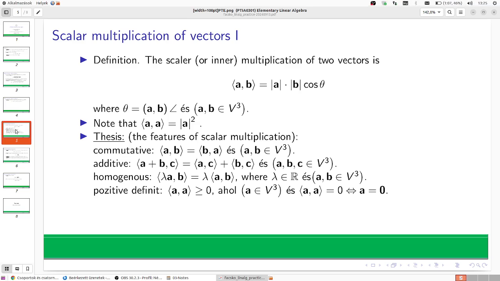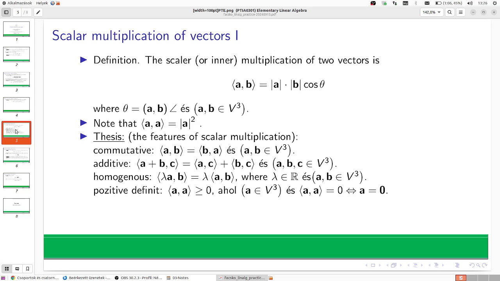The next one. This part means lambda, this is also the multiplication.